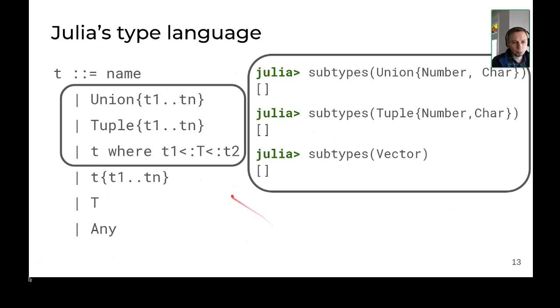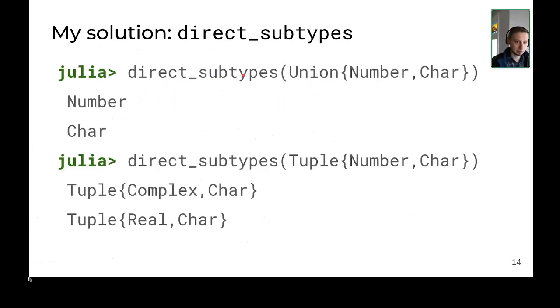This works nicely for the built-in subtypes function, and for nominal types. But it has no idea of the structural part of the type grammar, which is unions, tuples, and so-called existential types. So we have to extend the subtypes utility with what we call direct subtypes, which is also a bit more precise name for this utility.